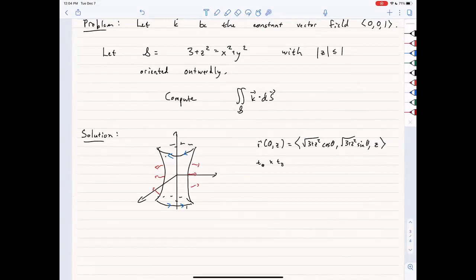So the first thing, if I want to use Stokes' theorem, is I look at this integral and ask, is this integrand, this vector field, the curl of something else? So is k equal to the curl of something else? Can I find a vector field where that works?